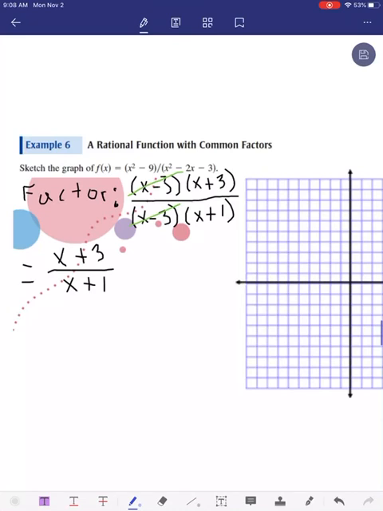Now, for a little bit, we're basically just going to treat that as our new function. We're going to find all of our intercepts and asymptotes based upon that function. And then once we start graphing, we're going to come back to that factor that we reduced out. But for right now, we're going to kind of forget about it. So we want to find our intercepts next.